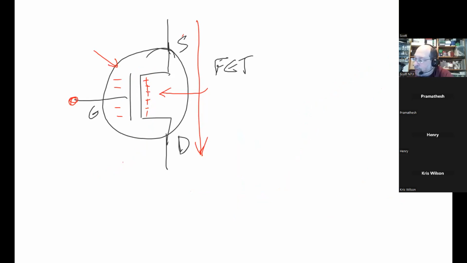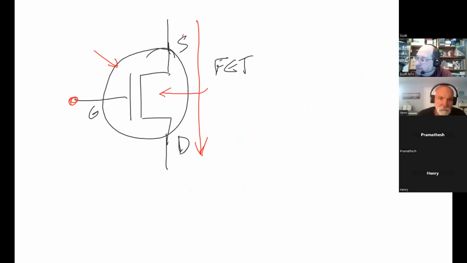Once I charge up the capacitor, what happens? It's just no more to go into it. All I have to do is change the voltage on the inlet side, and that changes what happens on the outlet, which is very, very efficient because it uses almost no current.